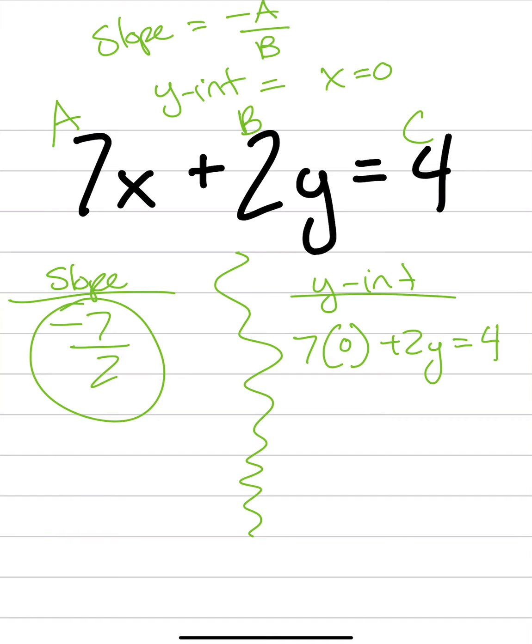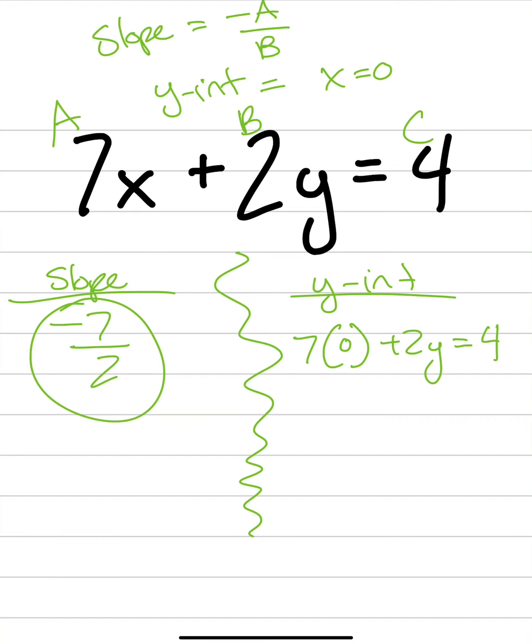There's a reason why I put that 0 in parentheses, because if I just left it without it, you wouldn't know what to do with it, right? It would just look like a 70, but that's not what we're looking for. We're just replacing our x with a 0. Remember, if you ever have a coefficient next to your variable, it is being multiplied. So we have 7 times 0 here.